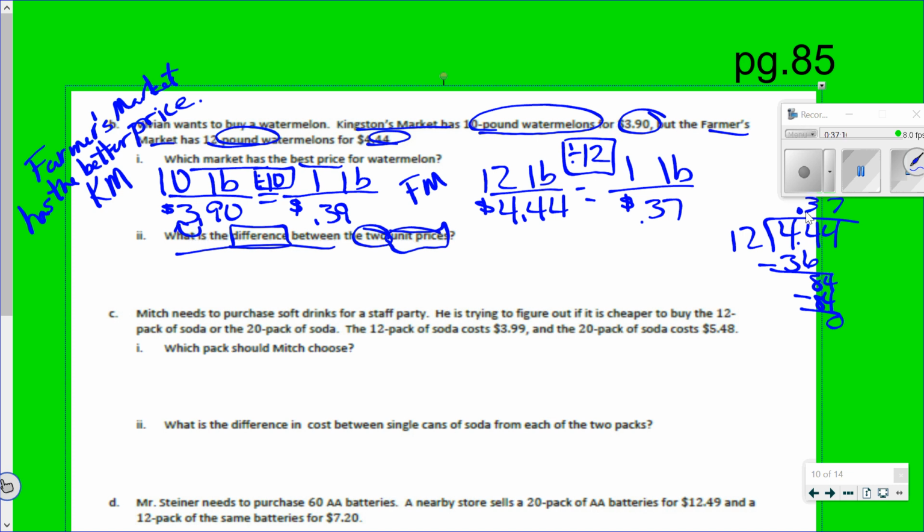Okay? So, the difference is 2 cents. Written as $0.02 with the dollar sign, or if you did it as cents, you could also write it 2 cents. I would take either one of those. Okay, next one.